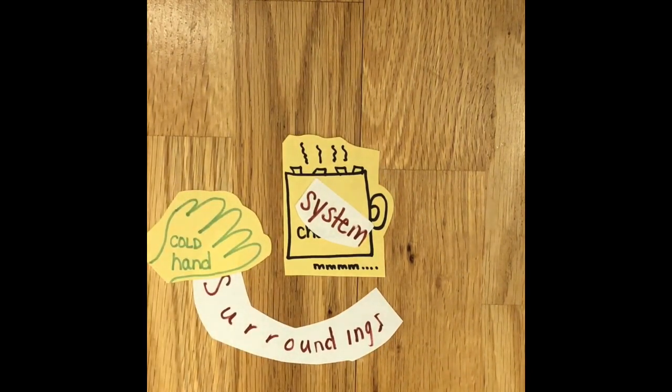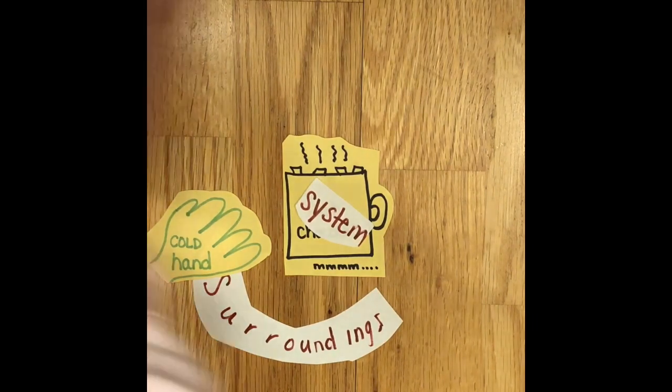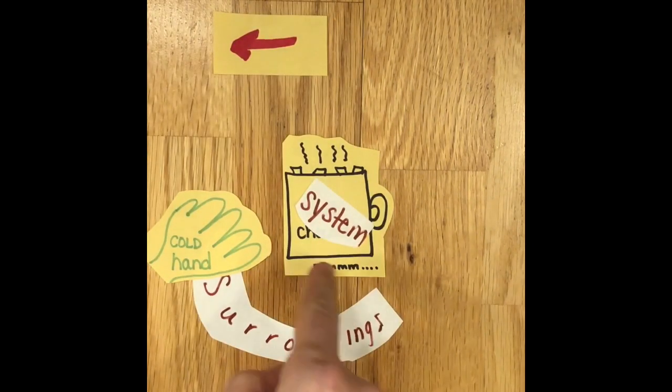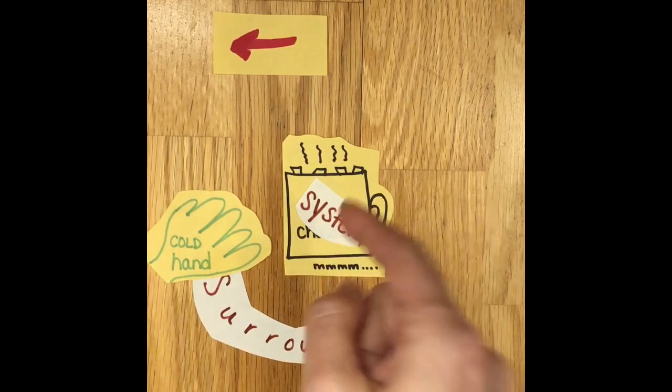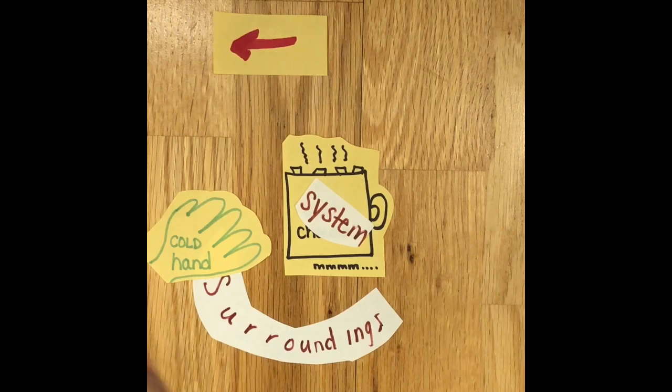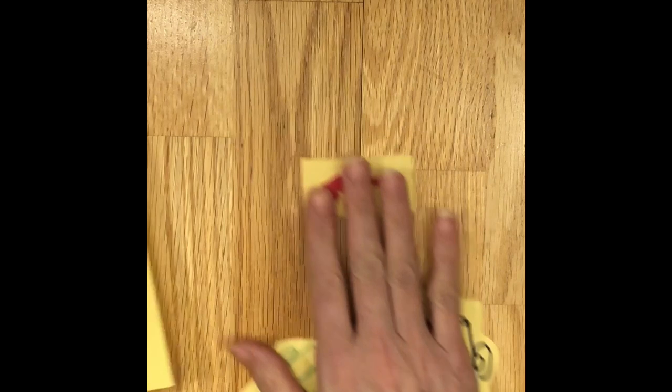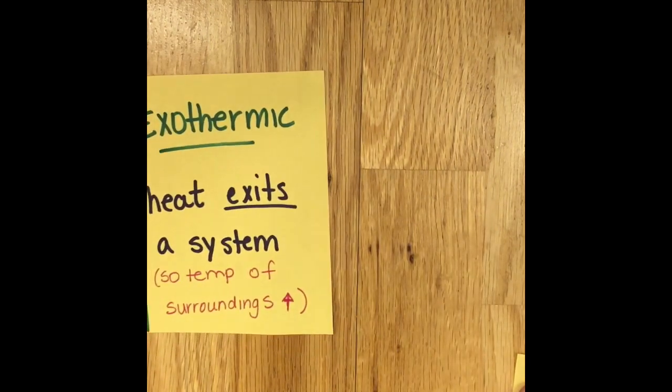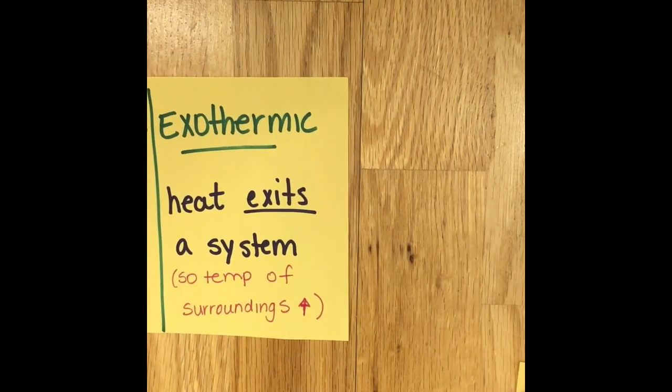And so another way of saying this is, if the heat flow is from the system into the surroundings, then that means heat is exiting the system and going into the surroundings. We have a word for that, and this word is exothermic.